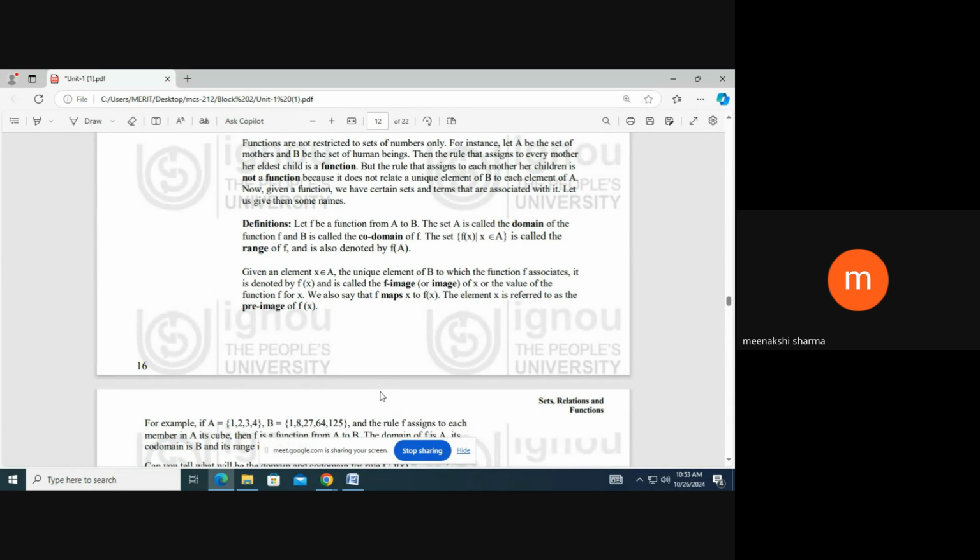Subdomain means codomain. In a function we consider, let f be a function from A to B. The set A is also the domain of function f. B is the codomain of f. It means A is the main set, that is called the domain. B is the sub set, that is called the codomain. Understand, students?